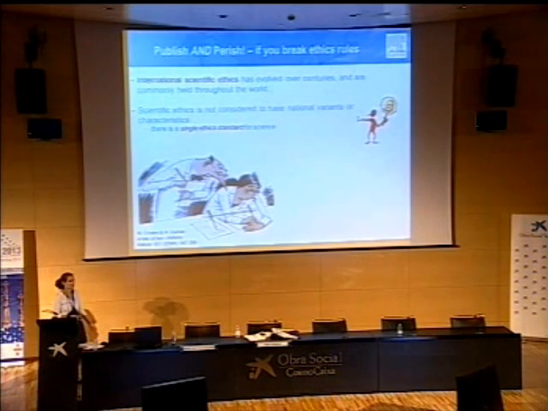People must know it's not okay to publish the same text twice with a different title. It still happens. But this is also something where the modern technology works to our advantage. It's much easier to detect those kind of things, particularly when it comes to plagiarism.